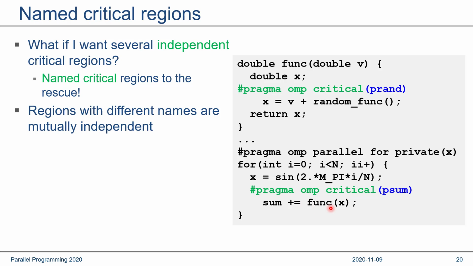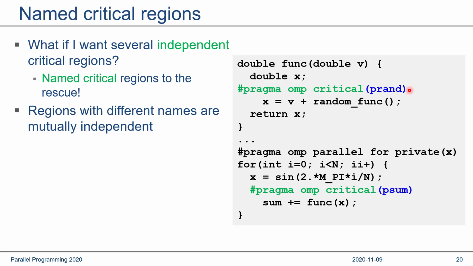Now, within the func function, which is shown up here, we also have something that has to be protected. There's another function called random func, and we can imagine that within this random function, some random number generator is implemented that has some kind of state, like a static variable, that has to be protected from concurrent updates. So that's why we also enclose it into a critical region.